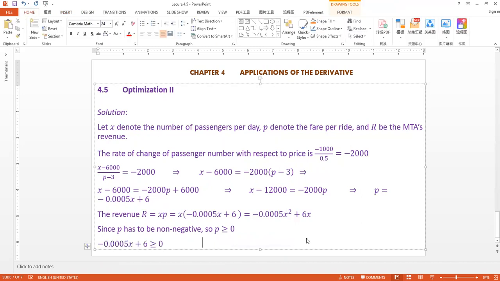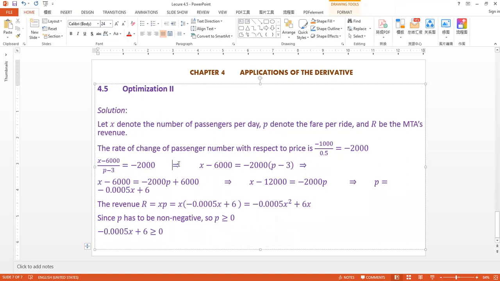And how do we solve this inequality? It's pretty easy. We can move 6 to the right, so it becomes negative. So we get negative 0.005x greater than or equal to negative 6.